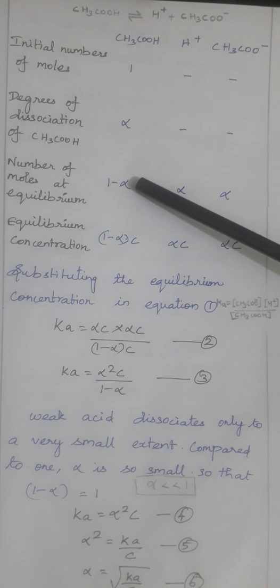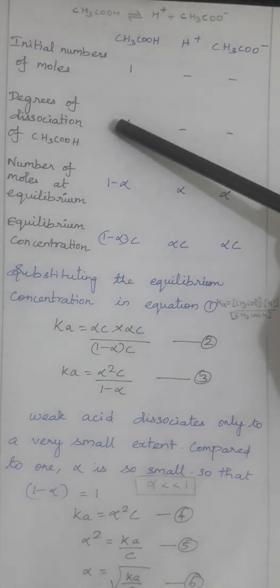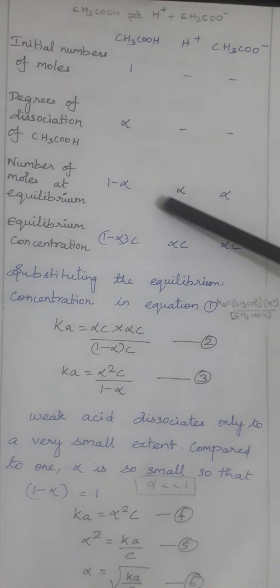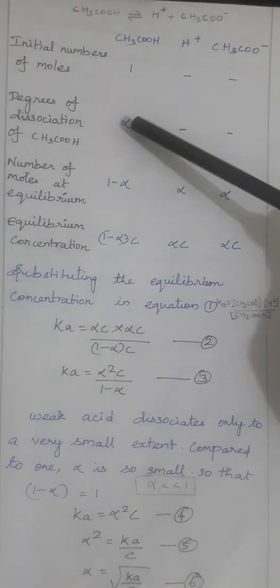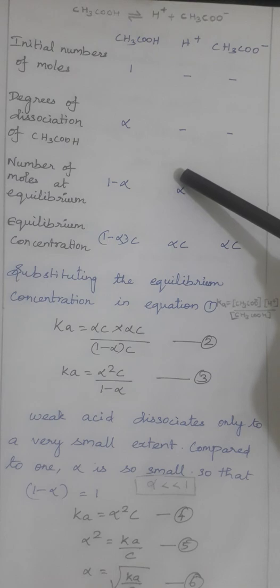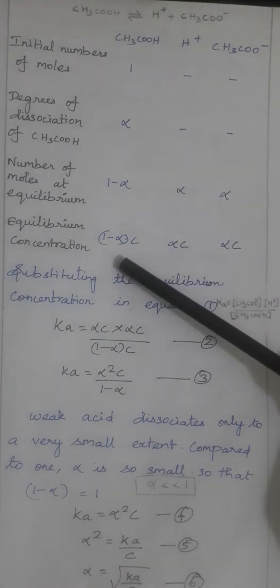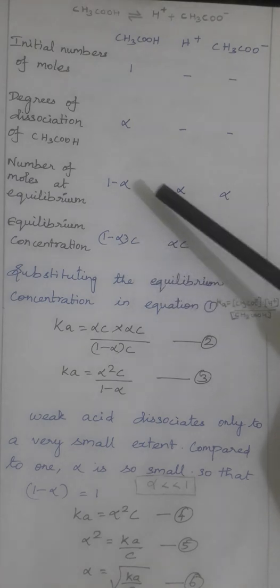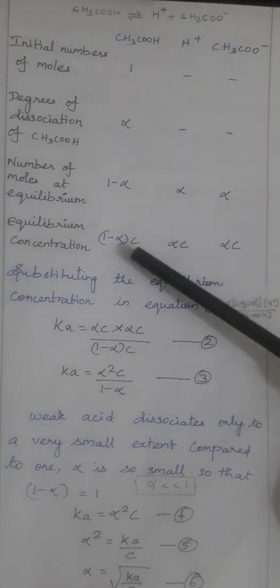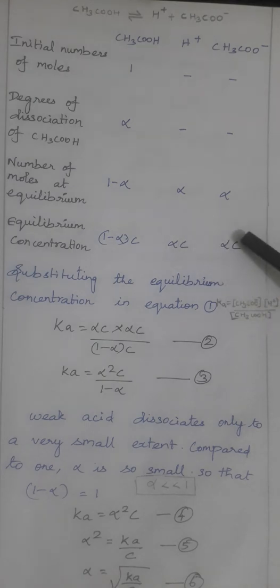What is remaining at equilibrium? 1 minus alpha is remaining. The reacted amount alpha is converted into product, so the product amount is also alpha. Multiplying by C, the equilibrium concentrations are 1 minus alpha into C, alpha C, alpha C.